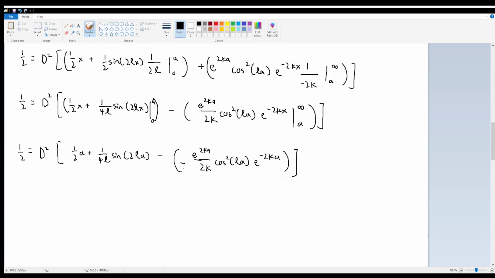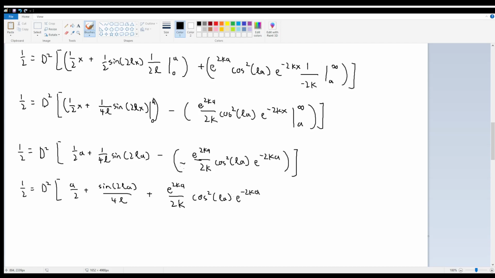Closing all of this off, from this point 1/2 is equal to d squared times a over 2 plus sine 2la over 4l added with e to the 2ka over 2k times cosine squared la times e to the negative 2ka.